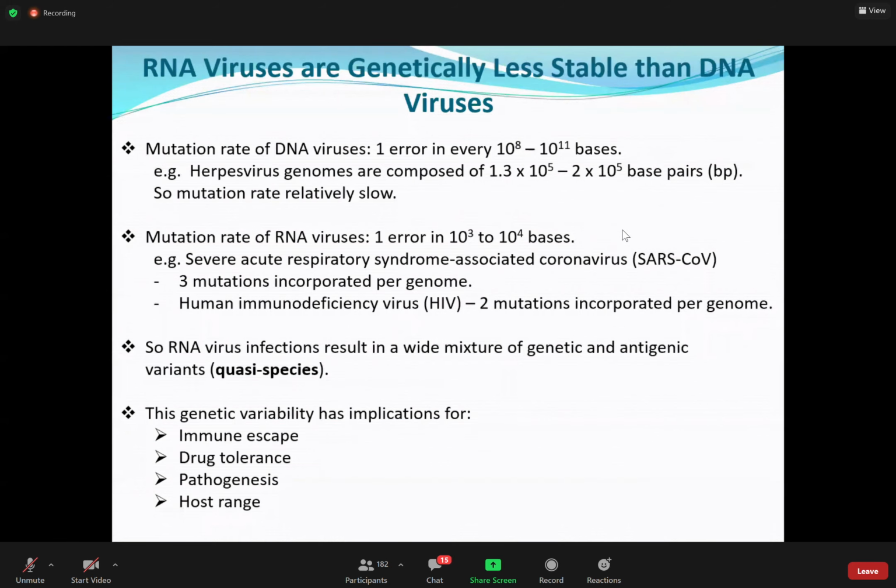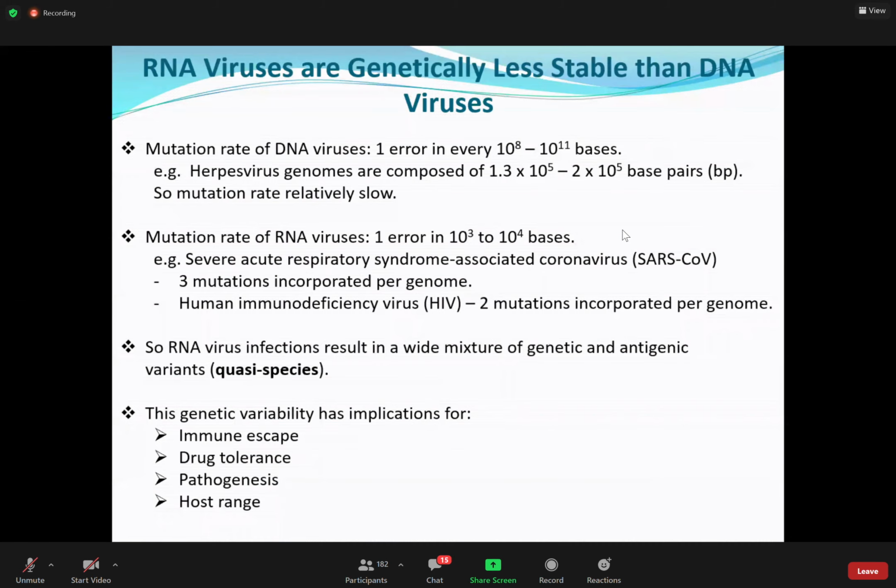If incorrect nucleotides are inserted, it can edit that transcript, cut out those incorrectly inserted nucleotides, and put in the right one. If it still can't get that right, it will induce the cell to undergo apoptosis. So it prevents mutations from happening. RNA polymerase does not have this ability.